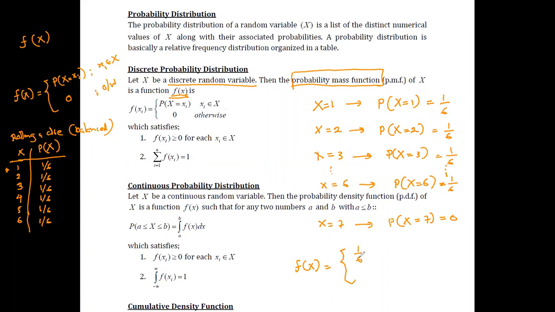Therefore, the probability is equal to 1 over 6, where x equals 1, 2, 3, 4, 5, and 6, and otherwise this value is equal to 0. This is how we construct the probability mass function.